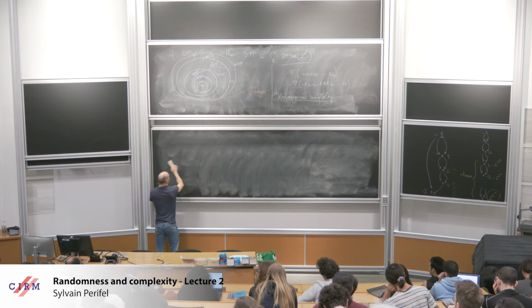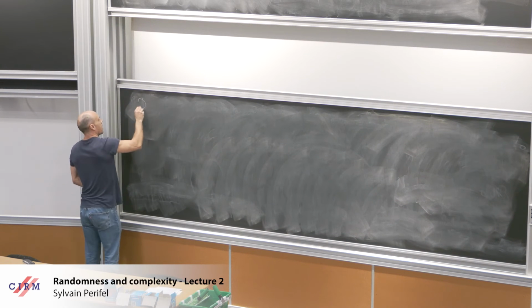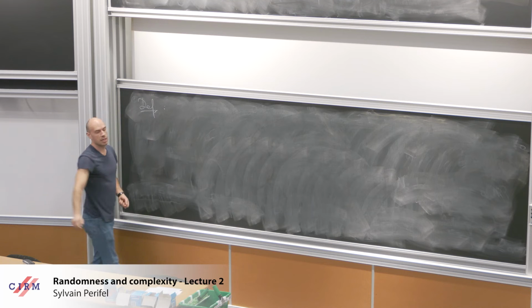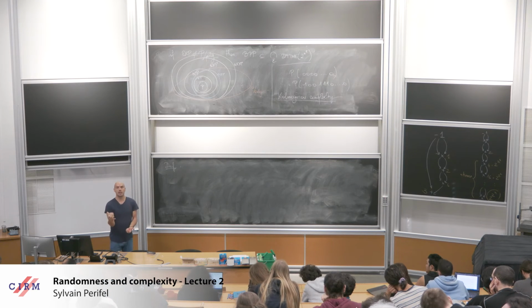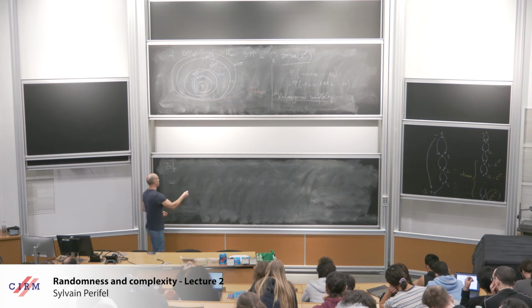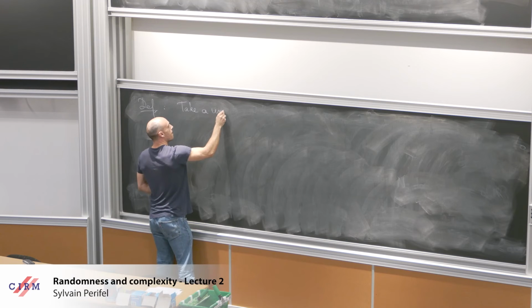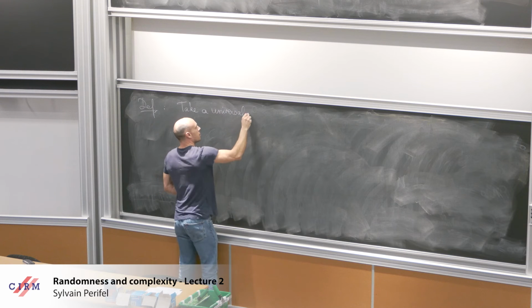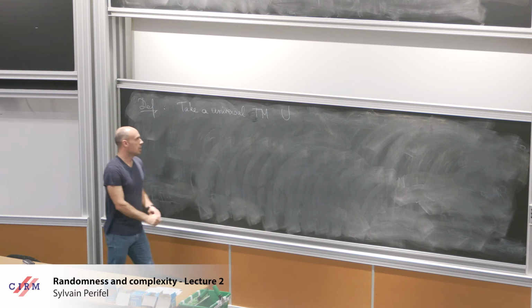Okay, so how do we define Kolmogorov complexity? First, you have to take a universal machine, a universal Turing machine, meaning a universal programming language, like, for instance, Python or Java or whatever. So take a universal Turing machine, U, okay?